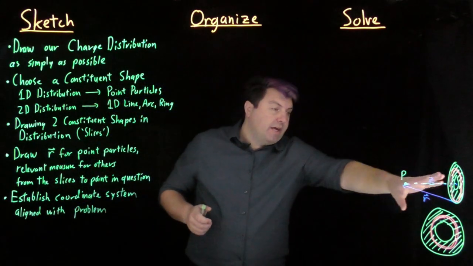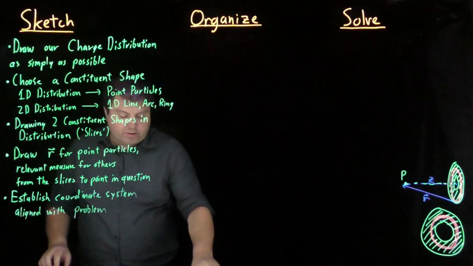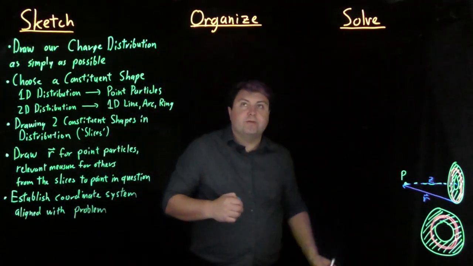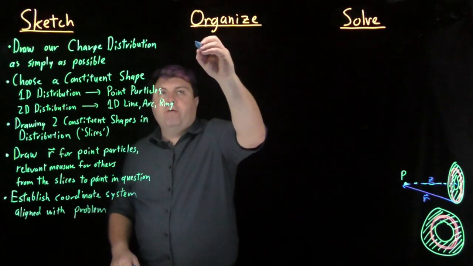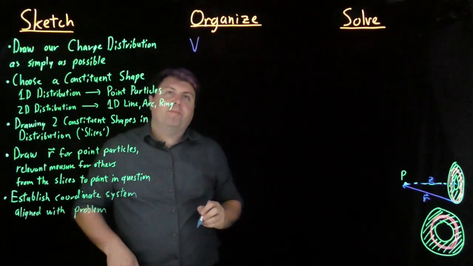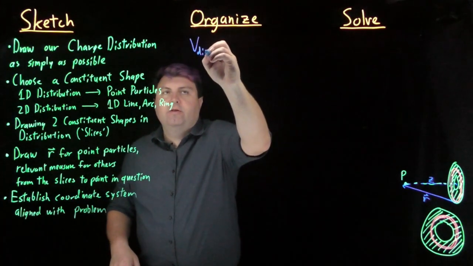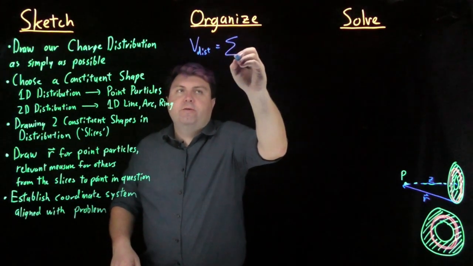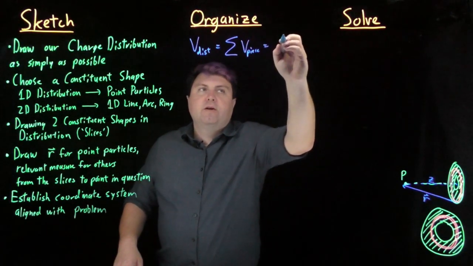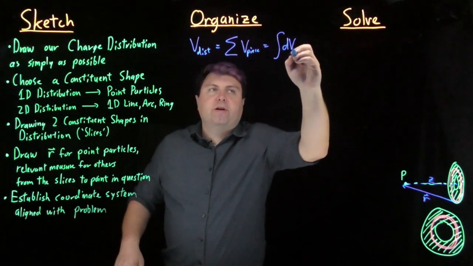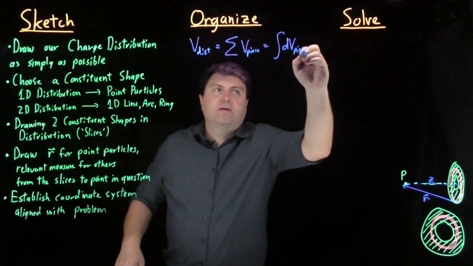So in this case, we would probably want to use cylindrical polar coordinates as we do this. So in our organized step, what we were saying is the electric potential of the distribution is equal to the sum of the electric potentials of all the pieces, or the integral of the electric potential of all the pieces.